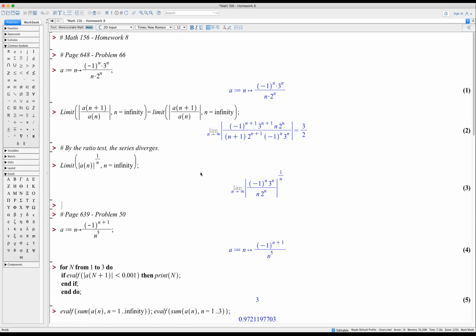So this is the limit of the nth root of this number. And that limit is also 3/2, which is bigger than 1. So we can also say that by the root test, we also know the series diverges.